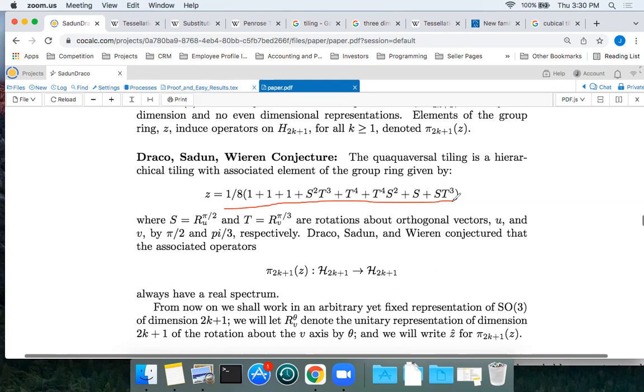So we've boiled everything down to studying finite dimensional representations where it's a formal linear combination of this form, and you have S and T, and they satisfy these relations: S squared T equals T inverse S squared, and S T cubed equals T cubed S inverse.